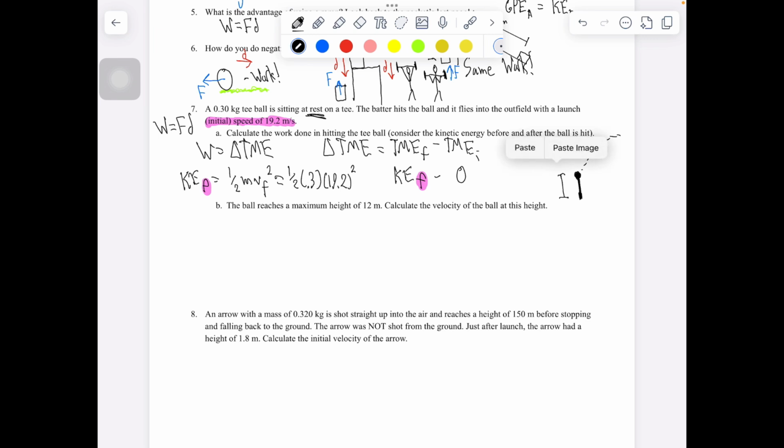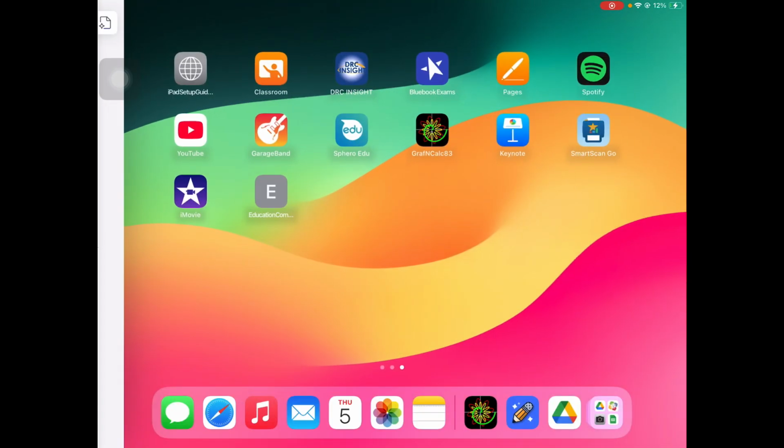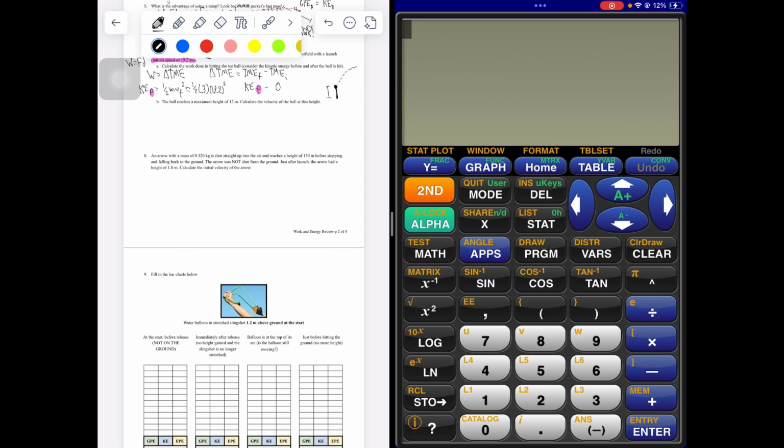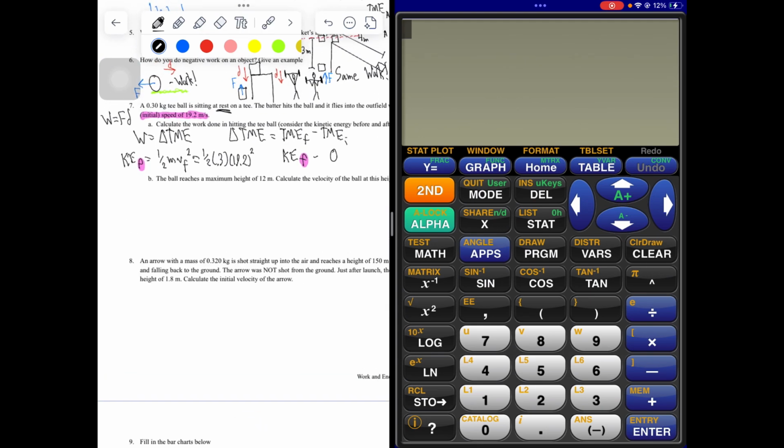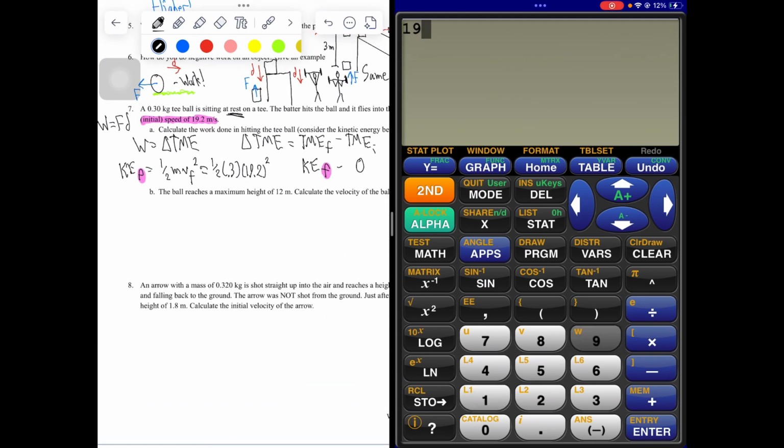Let's grab our calculator. We always want to square first. So 19.2, we're going to square that. That's not a square, that's the inverse. Definitely don't want to do that. So we square the velocity. That's the only thing being squared.